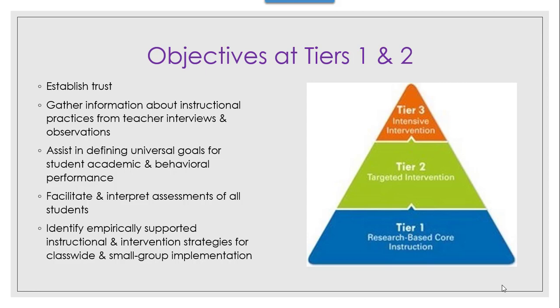We don't always give all the assessments, but we need to be able to help individuals understand the data they're getting, and then identify empirically supported instructional and intervention strategies. It's our job often to come in and examine what people are doing and decide whether or not it is research-based, and if it's not, to help them identify empirically based ones to use instead.